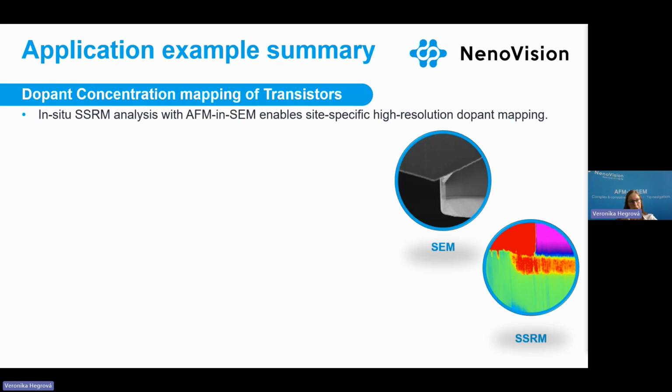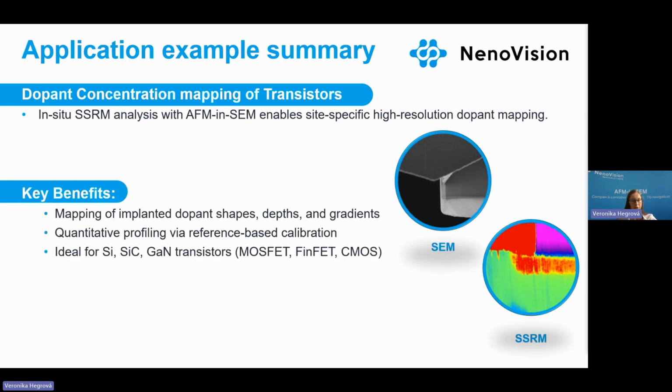To summarize this application example, we've seen how we can use the in-situ SSRM technique to analyze the dopant concentration in transistors with high resolution and inside the SEM. The key benefits are that we can directly map the implanted dopant shapes, depth, gradients.